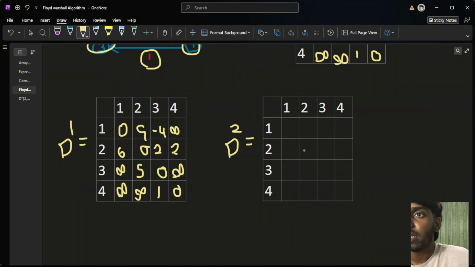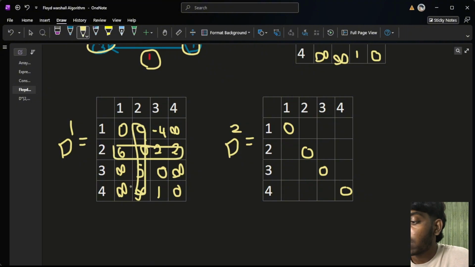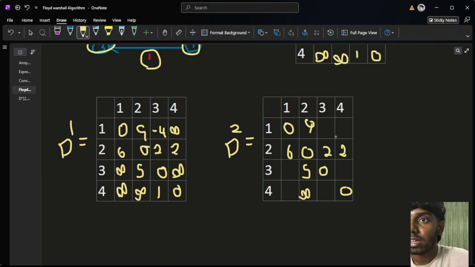The diagonals are marked as zeros, and the corresponding rows and columns from D1 which correspond to the element 2, this one and this one, which means this and this. And we have to fill these blanks up.